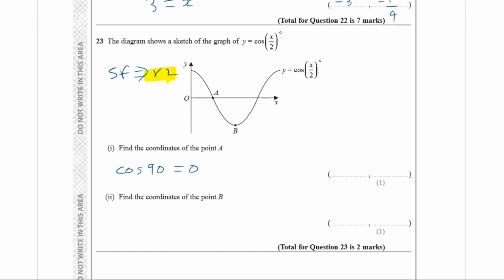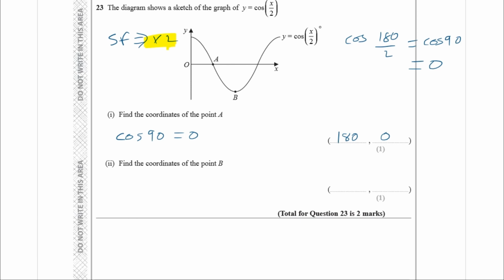So x here is going to be 180, and the y coordinate is 0. This is because cosine of 180 divided by 2 is equal to the cosine of 90, which is equal to 0. So knowing that cosine 90 is 0, this is what gets you the mark here.